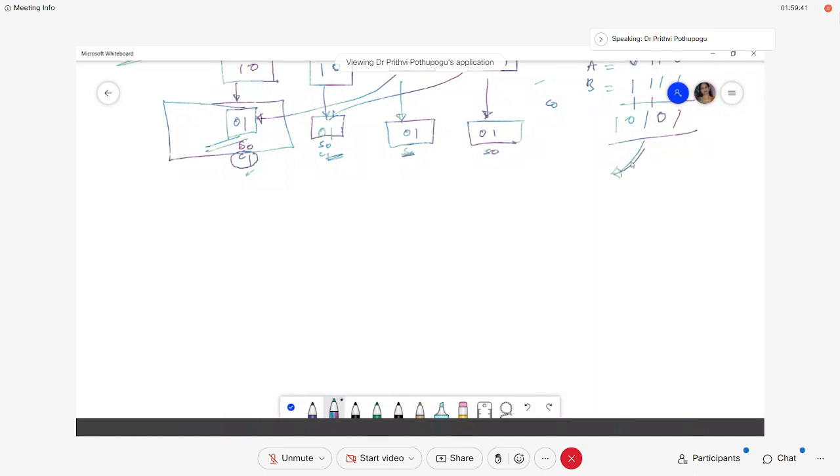Say for this example, if you take just the first step I'm giving, the next steps you try for yourself. What will be the propagate, generate, propagate, generate, for these 2 bits I'm taking?